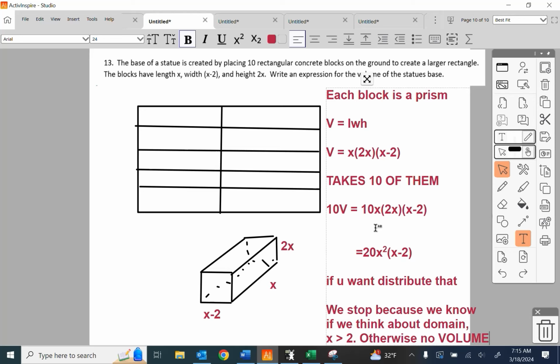That's why we stop there. That's why, like on your EOC, they didn't finish all the algebra per se. They stopped there because I can look at that and say, okay, x has to be bigger than 2. Otherwise, there's no volume. If you don't get that, then you don't get it. But if you get it, you understand why a lot of times we stop in certain places. And that is it for the basics quiz. There you go.